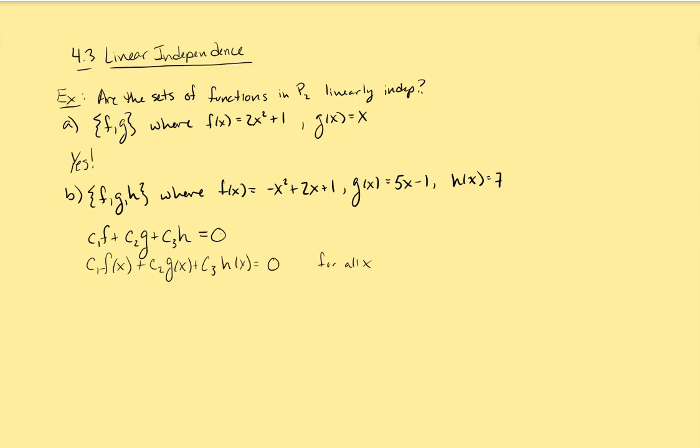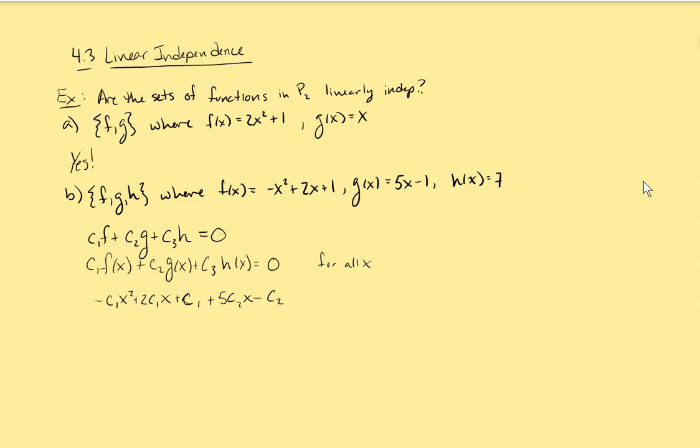Now expanding what f, g, and h all equal, this tells us negative C1 x squared plus 2C1x plus C1. That's just the C1 times f of x expanded out. The next piece gives us C2 times g, 5C2x minus C2.